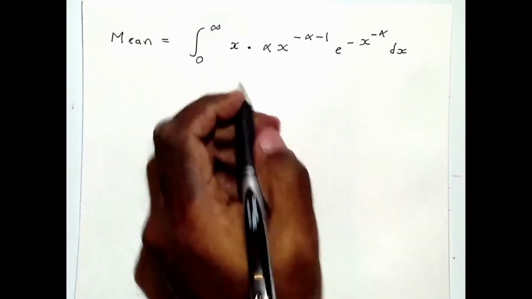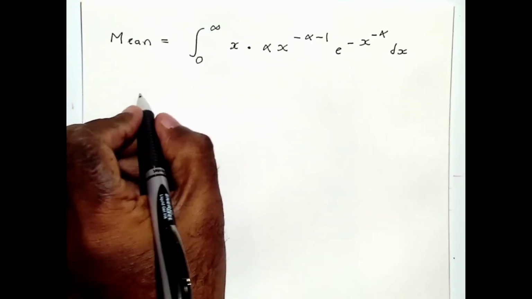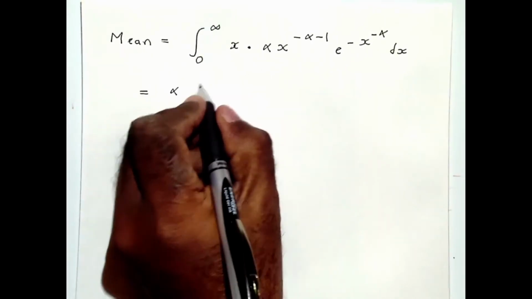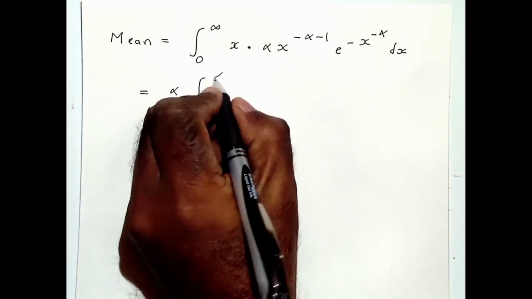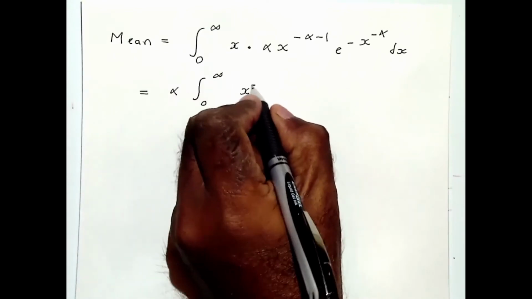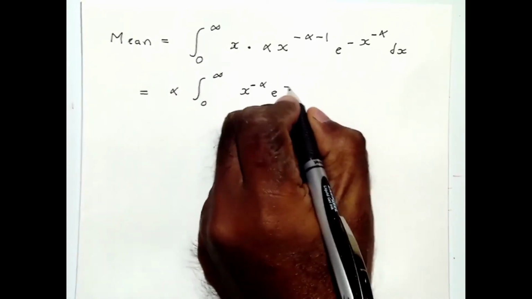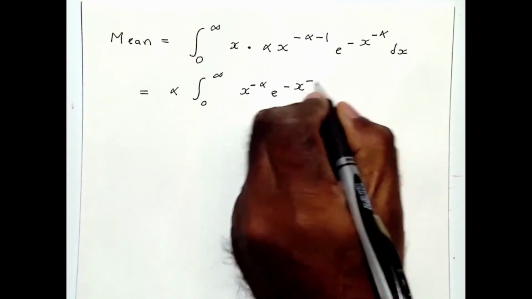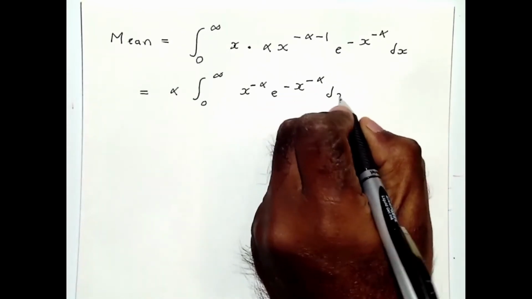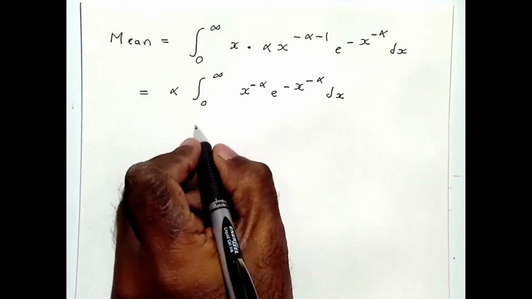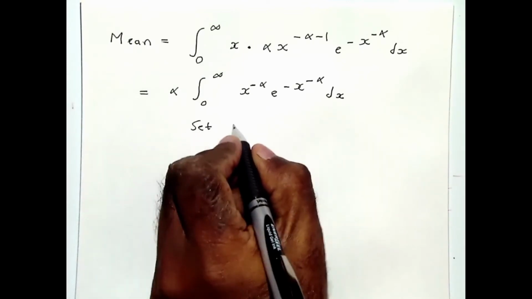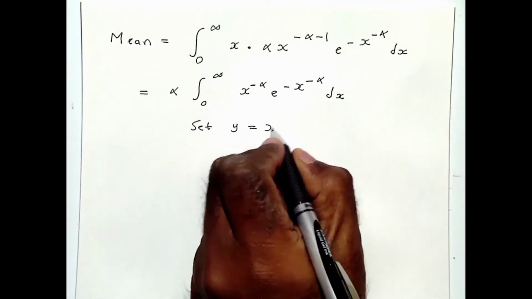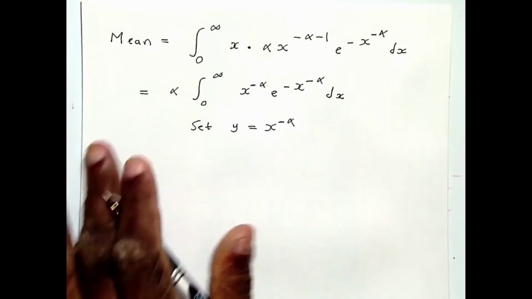Right. So alpha is a constant, so you can pull it outside, so this becomes alpha times the integral from 0 to infinity of this. Here I'm going to make the following substitution: y is equal to this, right?